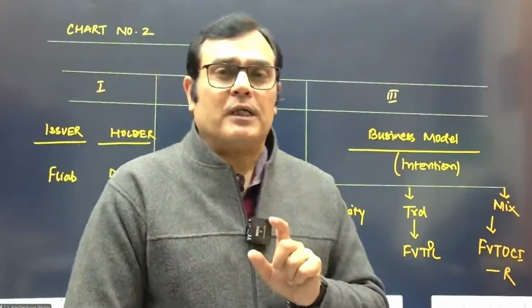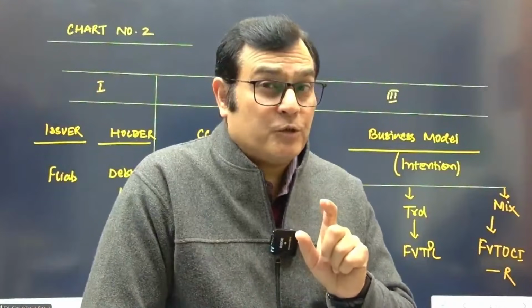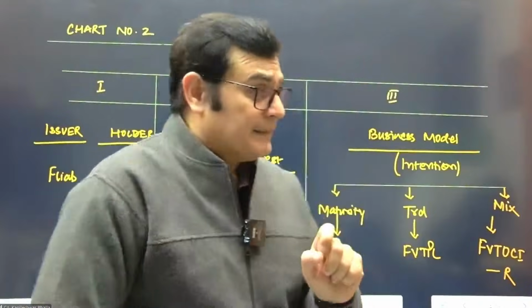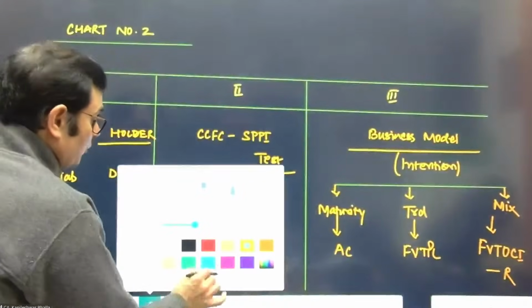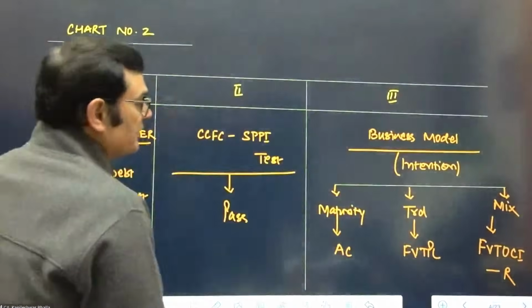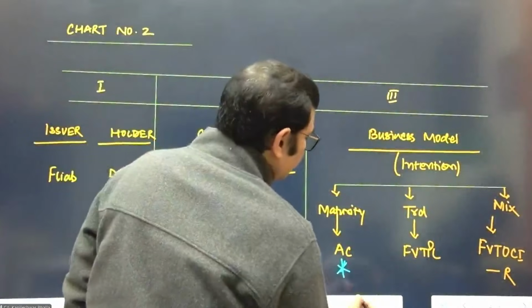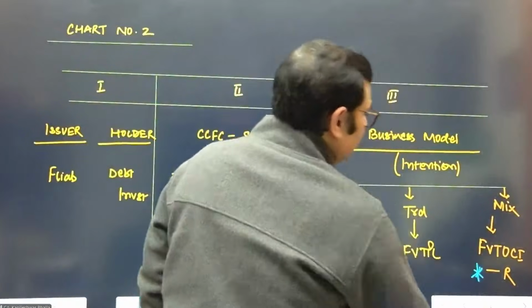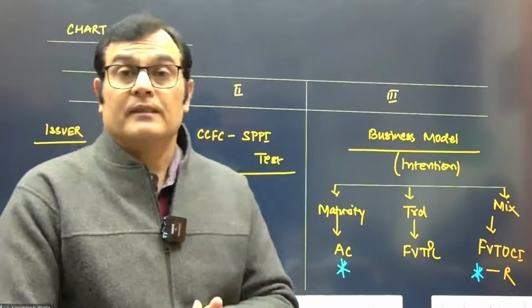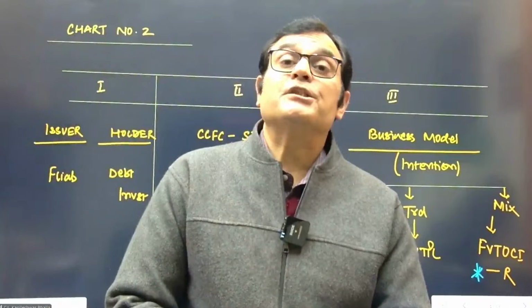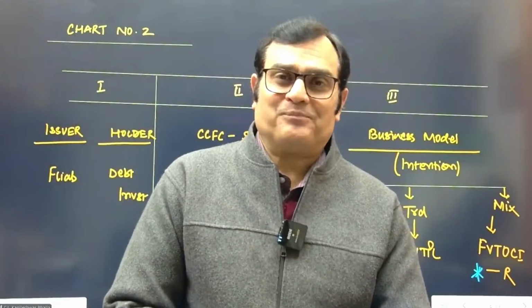Another thing which I would also like to remind you at this stage, without getting into the technicality: when you consider that this investment is taken at AC or at FVTOCI, it can also be designated at FVTPL.